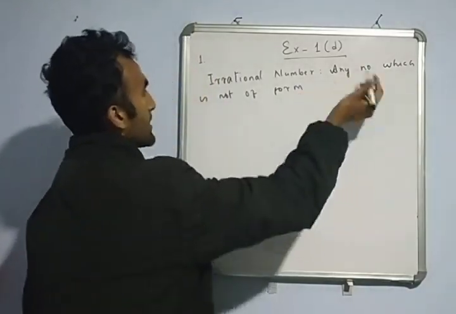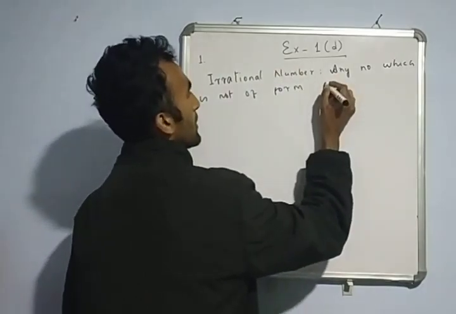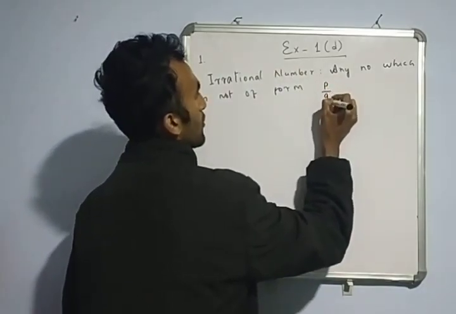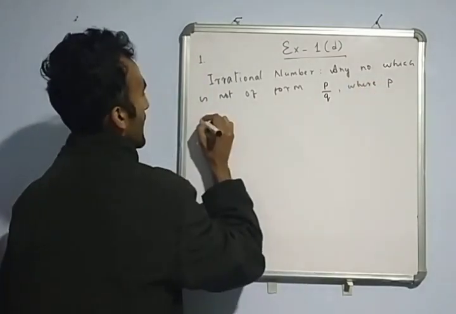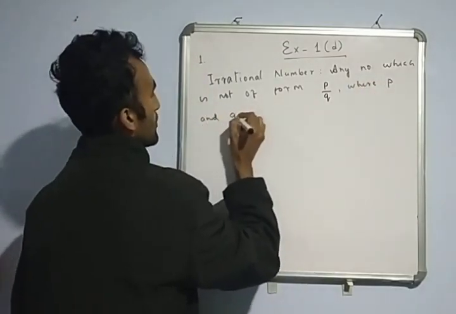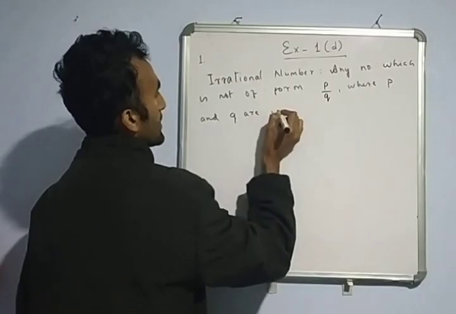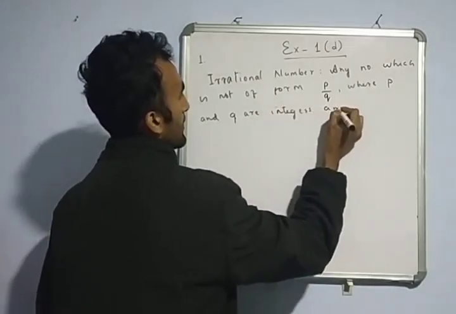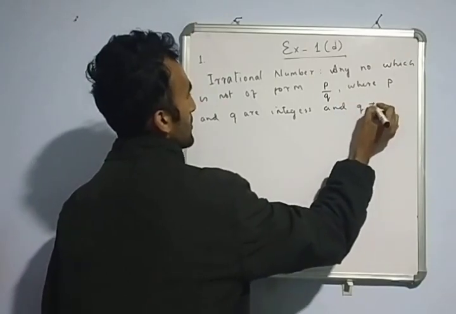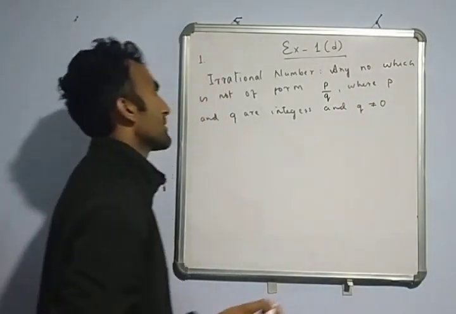Irrational is any number which is not of the form p by q, where p and q are integers and q is not equal to 0. So this is an irrational number.